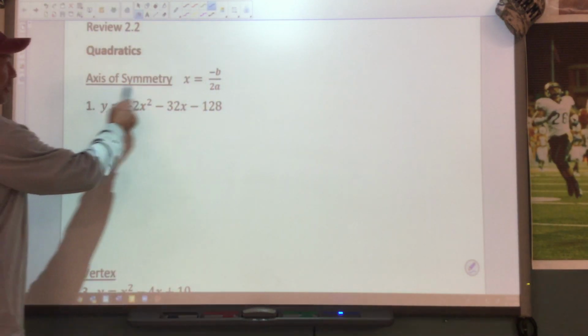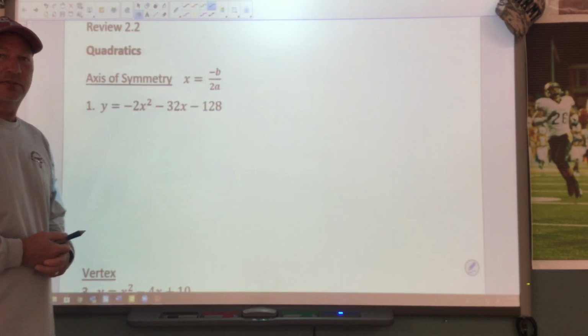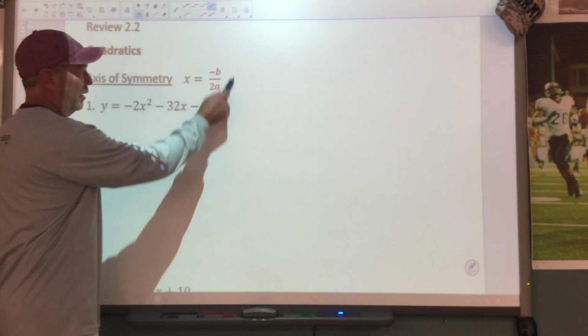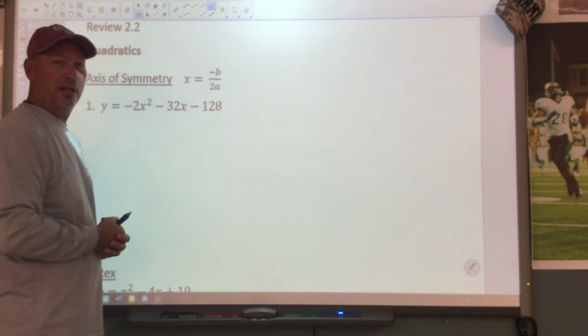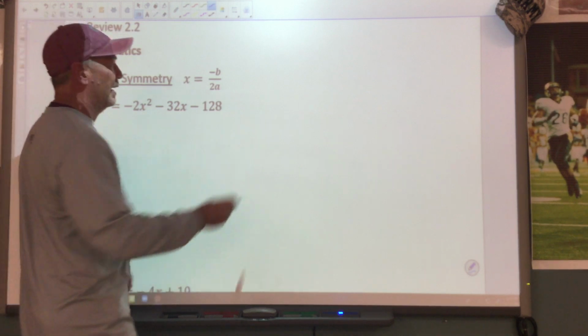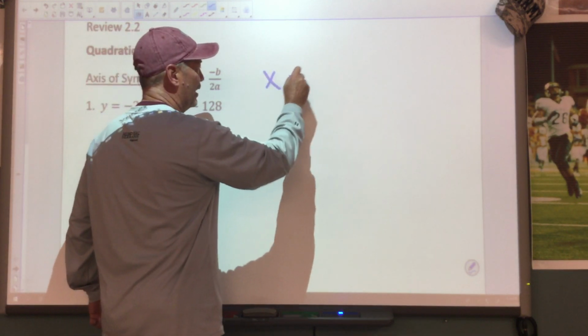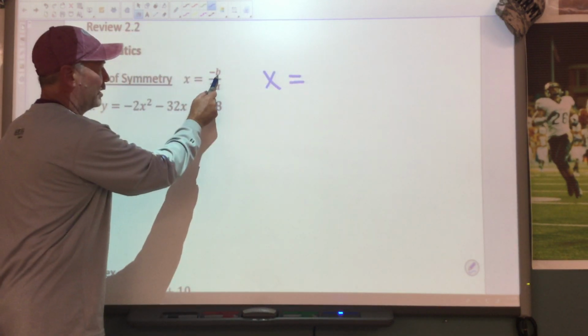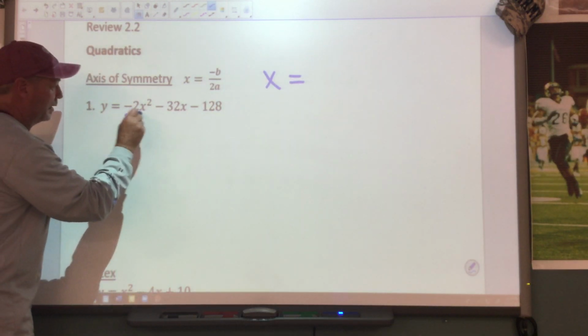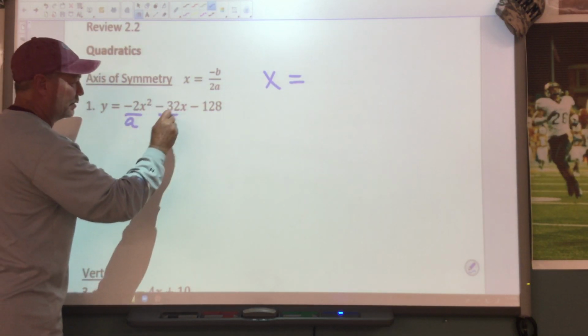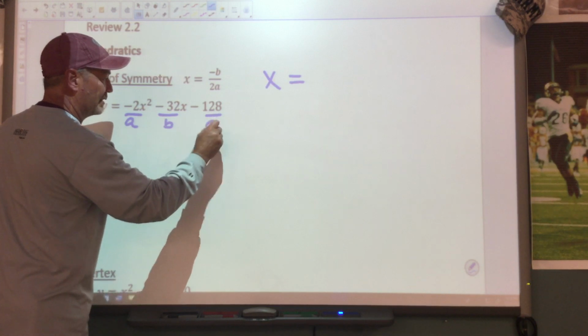On number one, they're going to ask me to find the axis of symmetry. I've written the equation for you to set it up for you. So we're going to say x equals the opposite of b. Well, this is my a value, this is my b value, this is my c value.